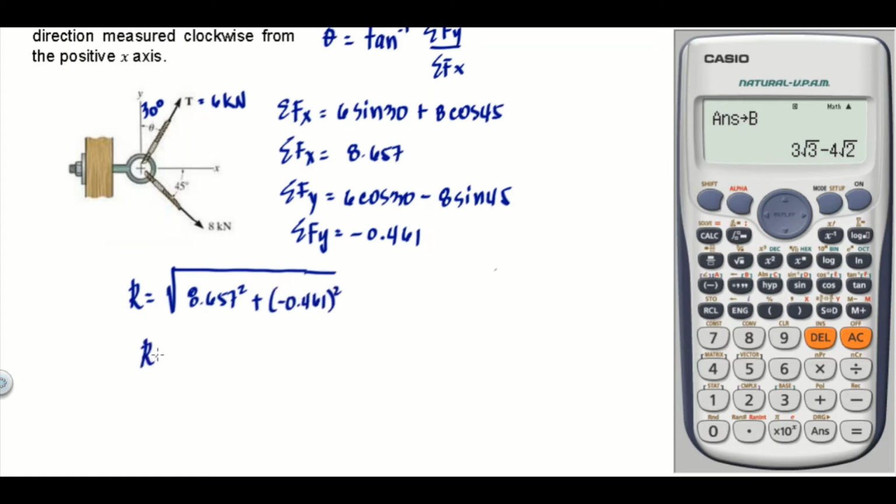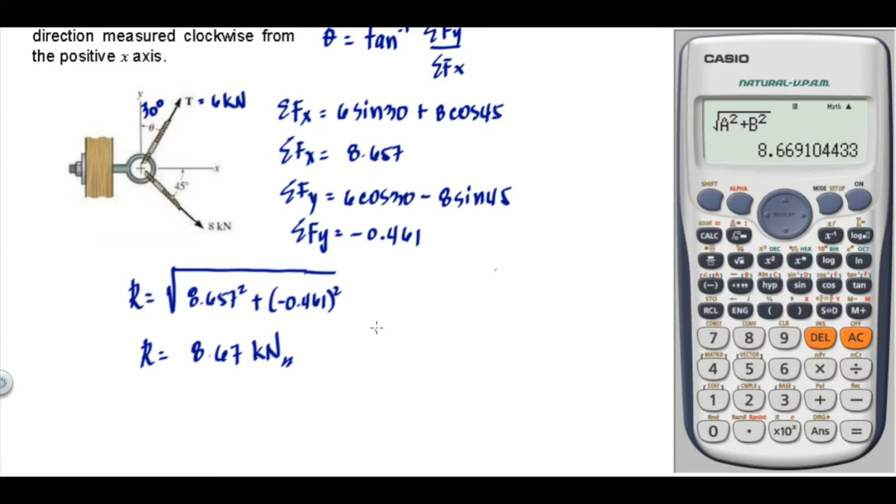So R is equal to, so A and B, ano, gamitin natin. So square root of A squared plus B squared equals 8.67 kilonewton. So this is the magnitude of the resultant force acting on the eye bolt.